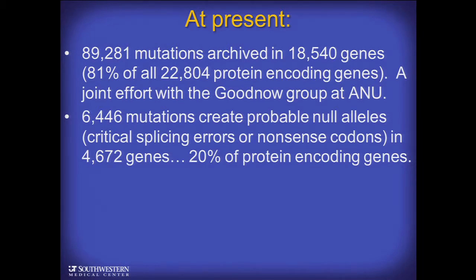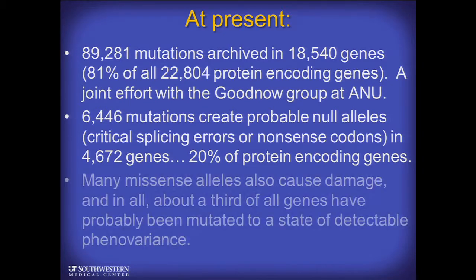A total of 6,446 mutations are overtly null. That is to say, they're nonsense codons that terminate the protein chain, or they're splicing errors that would be assured to disrupt the production of a normal protein. And those fall into 4,672 genes, which is to say we've outright destroyed the function of about 20% of protein encoding genes during this last year.